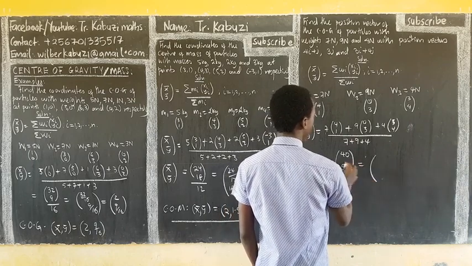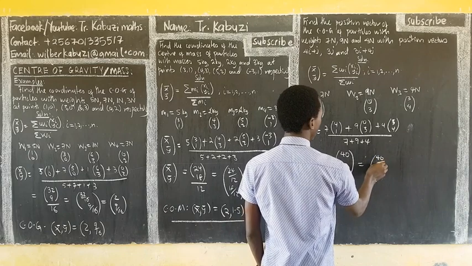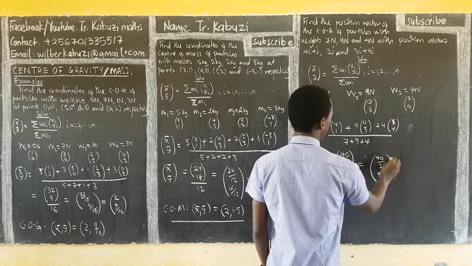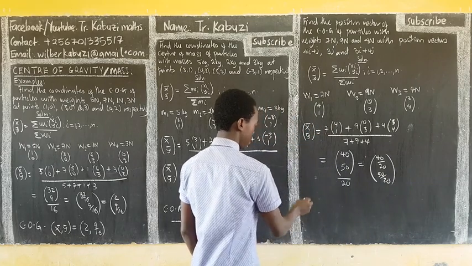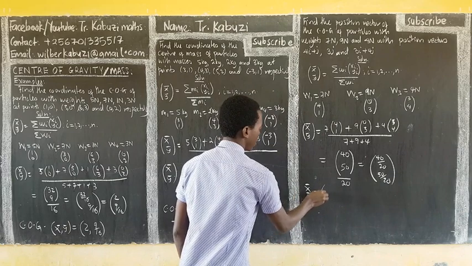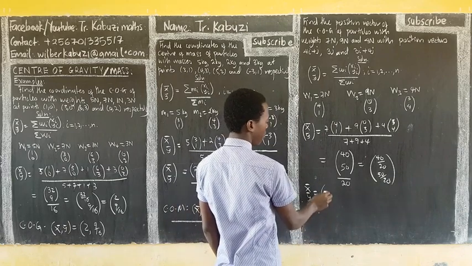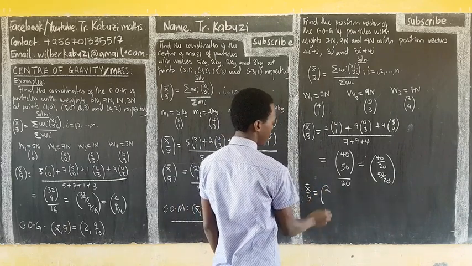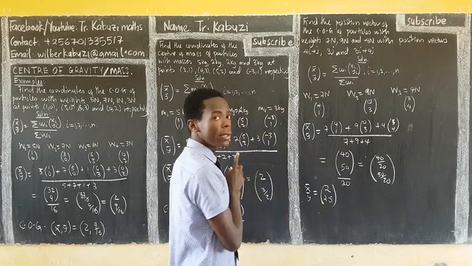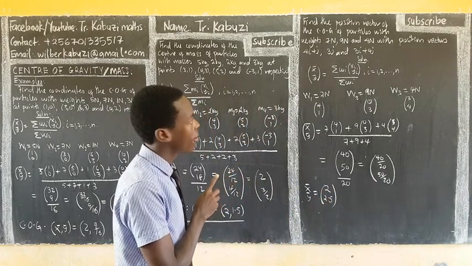And this is going to be 40 over 20, then 50 over 20. So now our x bar, y bar is going to be 2 up, then here we have 2.5.